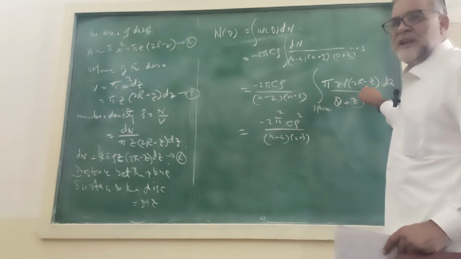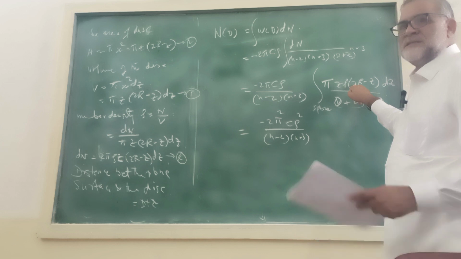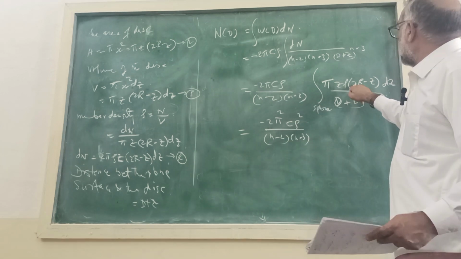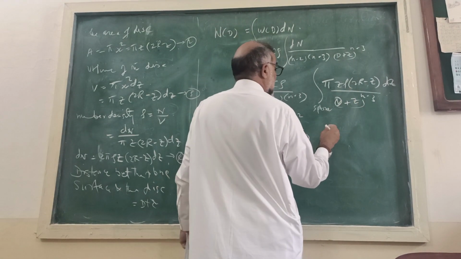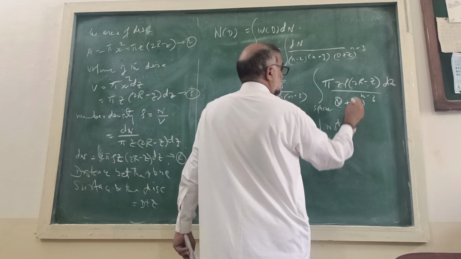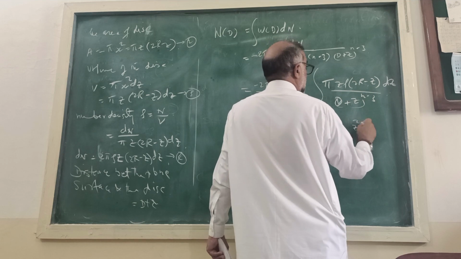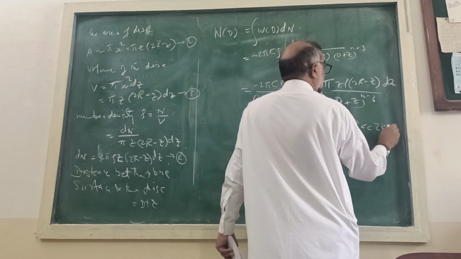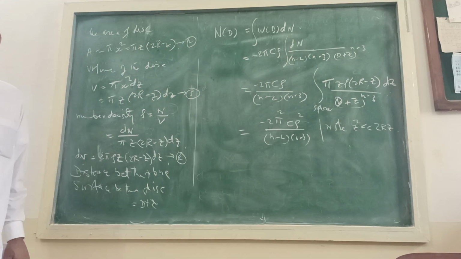Now look here, z is very small as compared with 2r. So z squared is very, very small compared with 2r z.